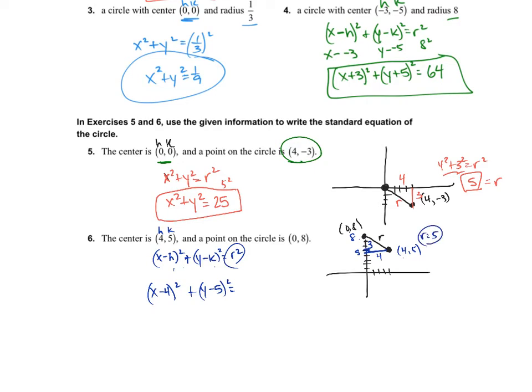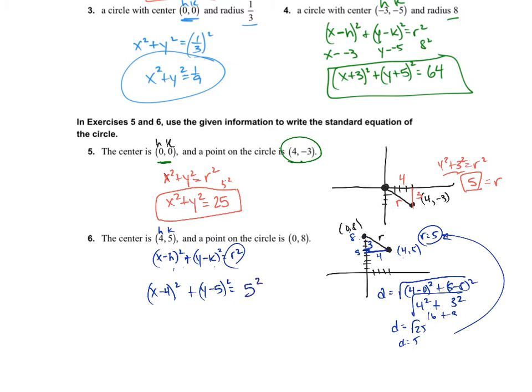Again, if you're not sure, you could use the distance formula, taking the distance from these 2 points. You could say the square root of 4 minus 0 squared plus 5 minus 8 squared. That'll give you 4 squared plus 3 squared. The distance will be the square root of 16 plus 9, square root of 25, which is 5, and that's what your radius is going to be. So we can put that in here, 5 squared. So x minus 4 squared plus y minus 5 squared equals our 25.